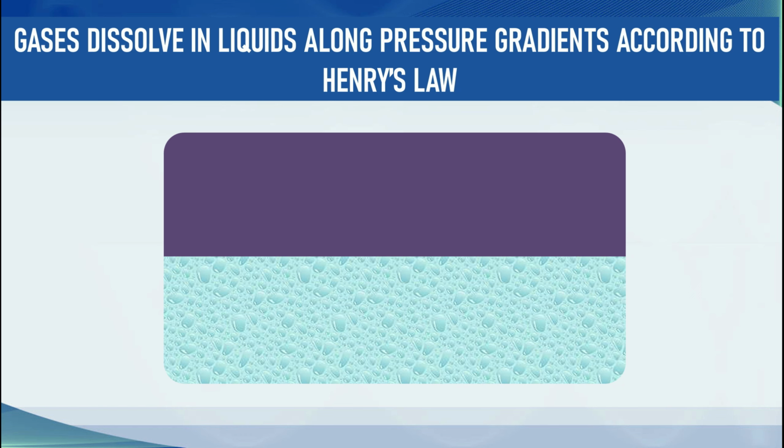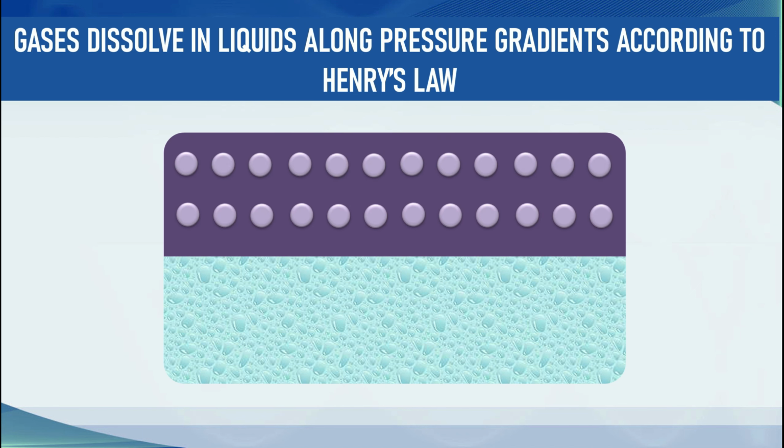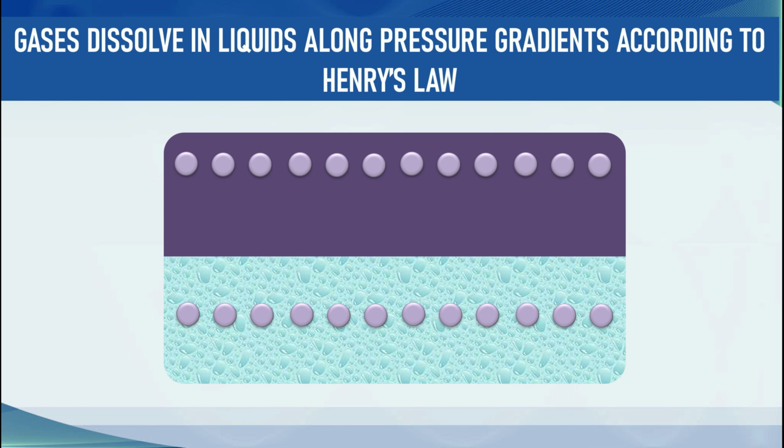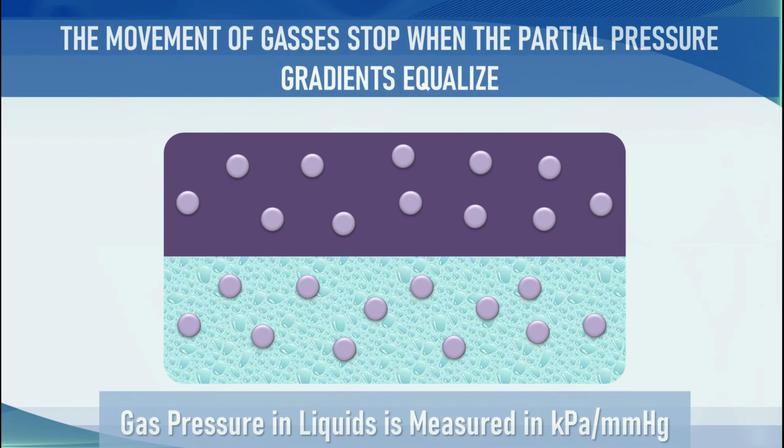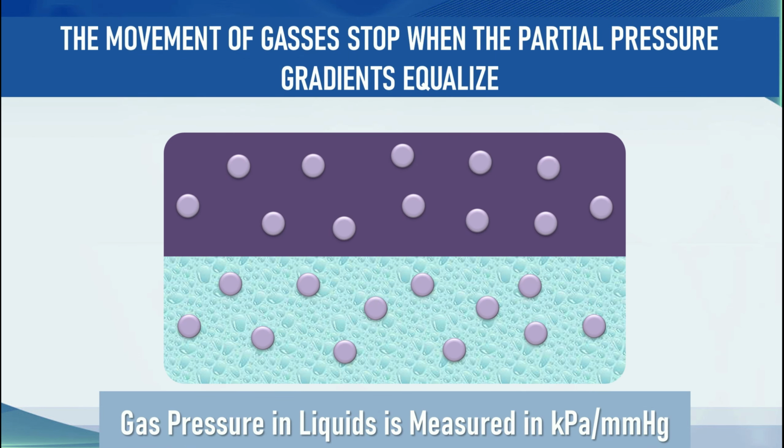Gases dissolve in liquids along partial pressure gradients according to Henry's law. The movement of gases stops when the partial pressure gradients equalize. Gas pressure in liquids is measured in kilopascals or millimeters of mercury.